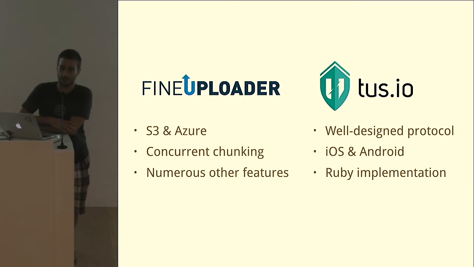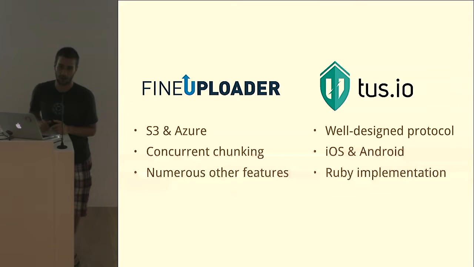For TUS.io, what I mean by protocol isn't something complicated. It's just HTTP. So it's just headers and request and response bodies. It's just something that both the client and the server need to communicate in the same way in order to achieve reliable uploads.